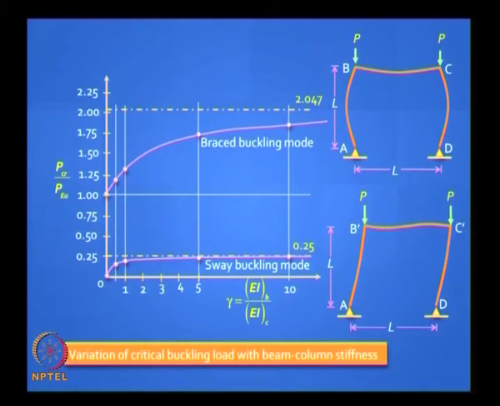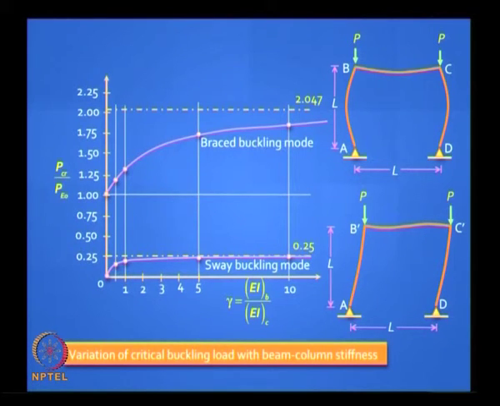This is the summary of your results. You will find that asymptotically as gamma increases, P critical will touch the upper bound that we talked about. The upper bound is 2.047 pi squared EI by L squared when the frame is braced, and it is only 0.25 when unbraced.